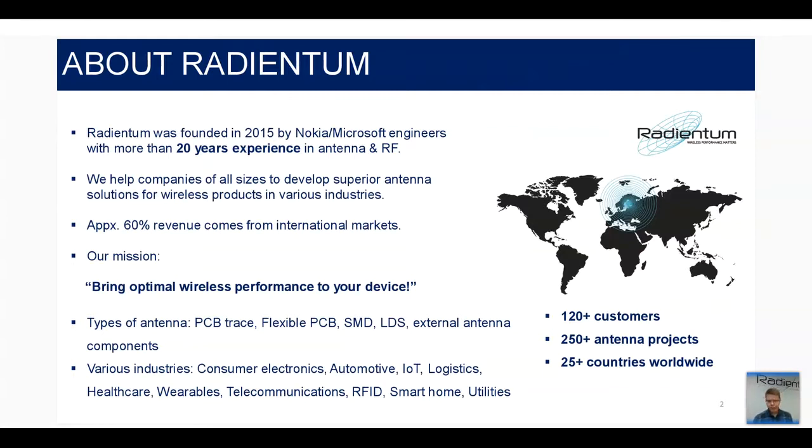So pretty much everything. Within these 5 years, we have worked with over 120 customers and over 250 antenna projects. Our customers come from over 25 different countries worldwide, and we are located in Finland, in Tampere.